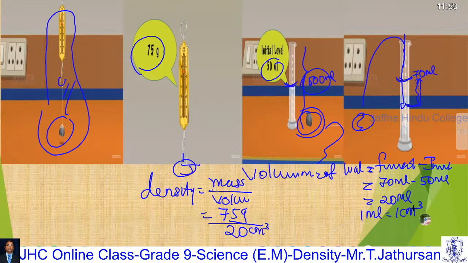So, 20 centimeter cube. What is the answer? 3.75 gram per centimeter cube. So the density of the irregular object, the stone, is 3.75 gram per centimeter cube.